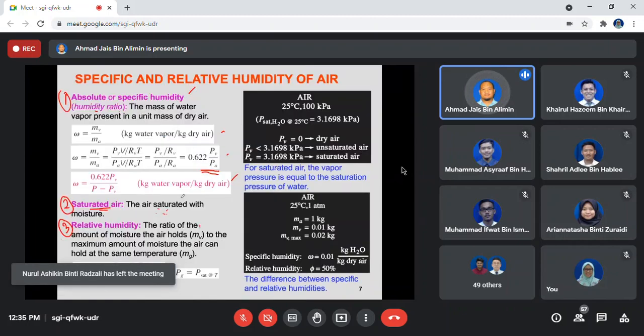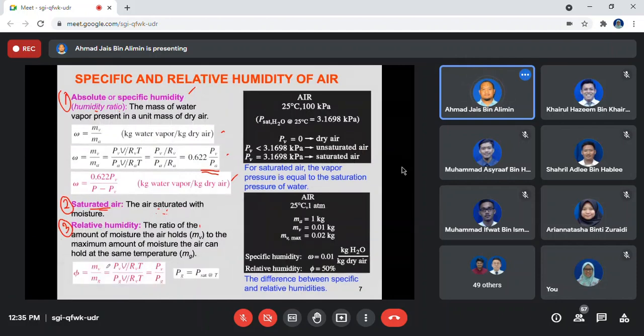Okay, so phi is relative humidity, the mass of moisture divided by the mass of moisture that the air is capable of holding at that particular working temperature.